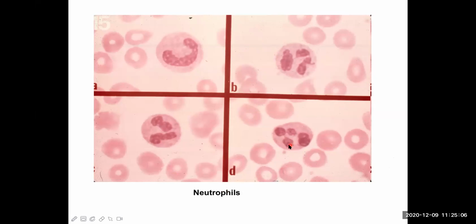This neutrophil has 1, 2, 3, 4, and 5 segments in the nucleus. This has 3: 1, 2, 3. This has 1, 2, 3, and 4. There's a small constriction, so I can consider this as two segments. And 2 segments are here, and this doesn't have any segment. It is like a band cell. This is called a band cell.